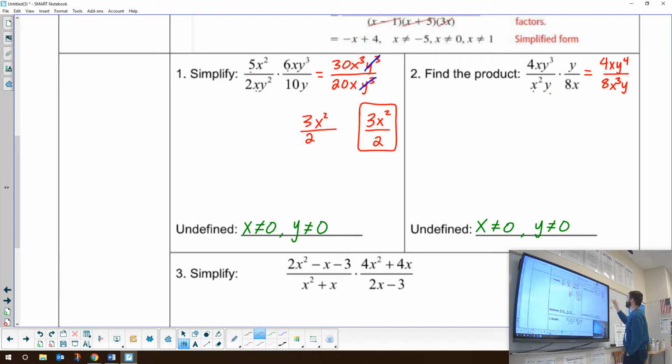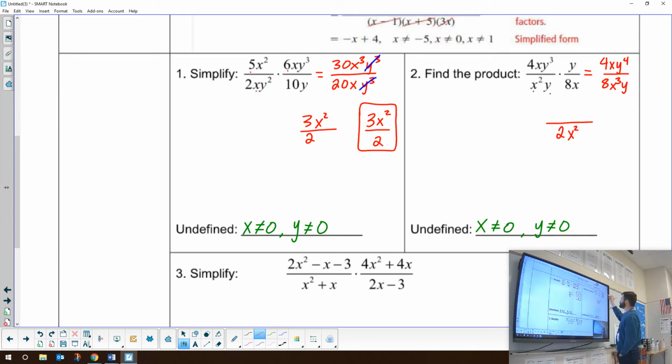Starting off, 4 divided by 8 is 1/2, so we can just have a 2 on bottom. We don't have to write the 1 on top. Then x cubed divided by x cubed. Remember, whenever we divide these, we subtract and we go where the bigger number is. So I'm going to have an x squared on bottom.